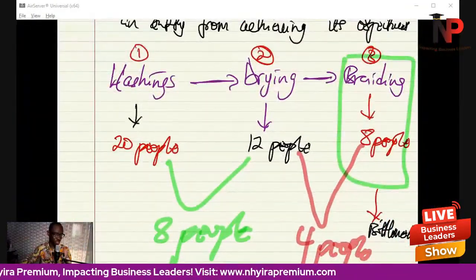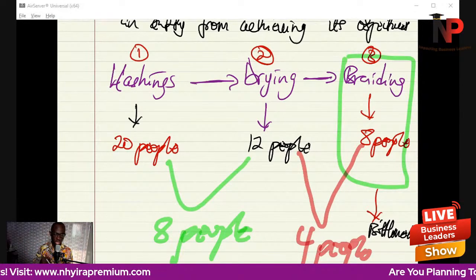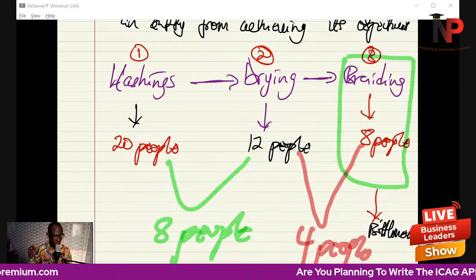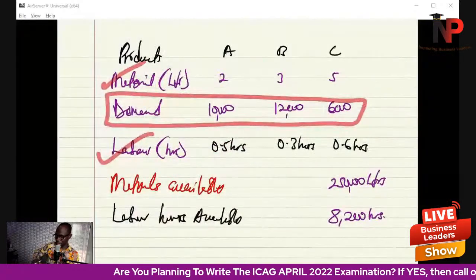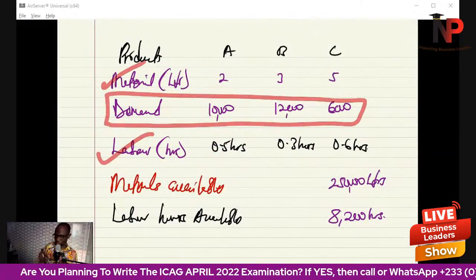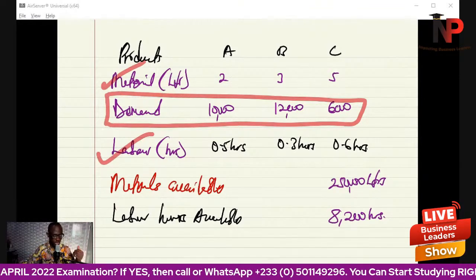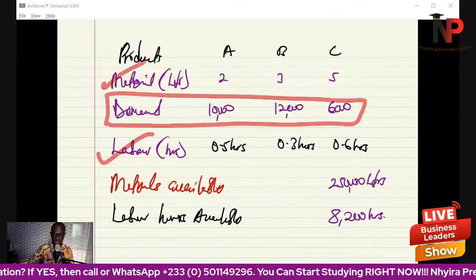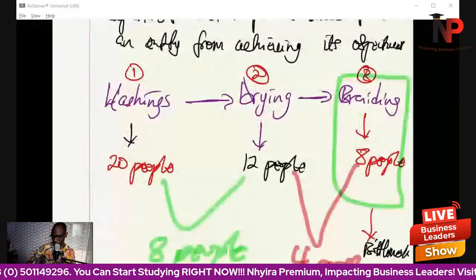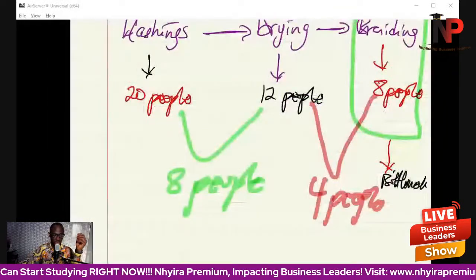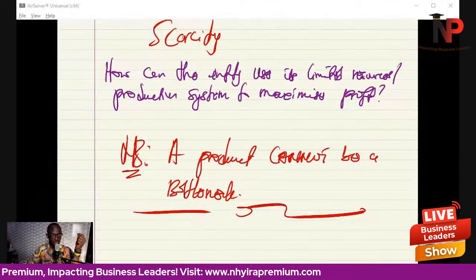And I illustrated to you using a salon where we said that we will wash the hair, we dry the hair, and then we braid the hair. Then we saw also an example of how resources such as labor or material could be regarded as a limiting factor. But most importantly, when it comes to determining a limiting factor, a product cannot be a limiting factor.